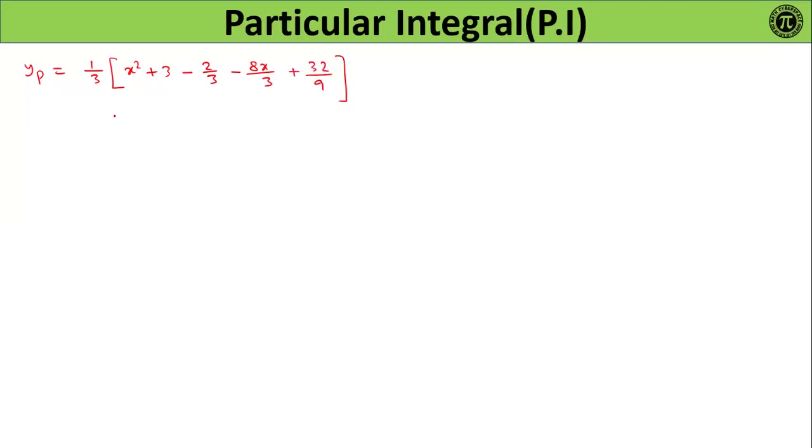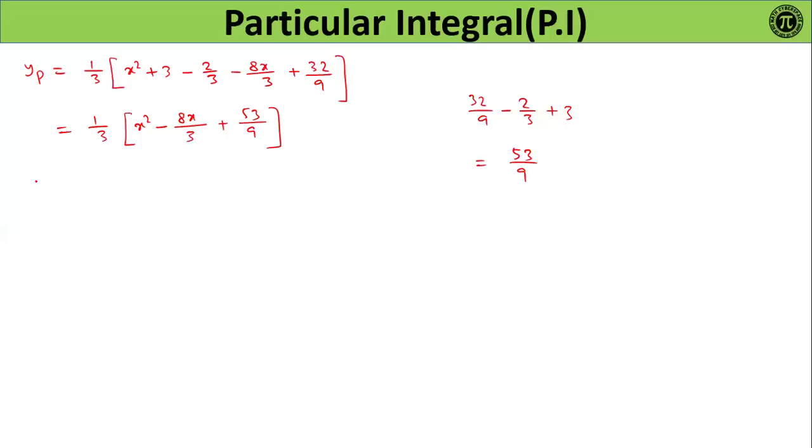Okay, this is the simplest form. Now just simplify. So 1 by 3 x square minus 8x by 3 plus, now 32 by 9 minus 2 by 3 plus 3. Just you have to simplify this part. So you will get 53 by 9. So plus 53 by 9. Okay, so this is your particular integral.